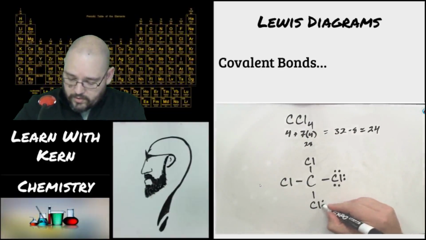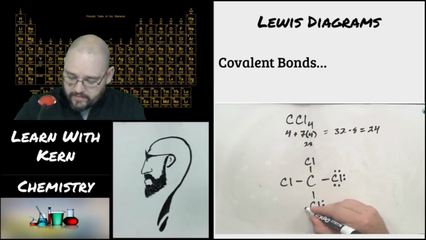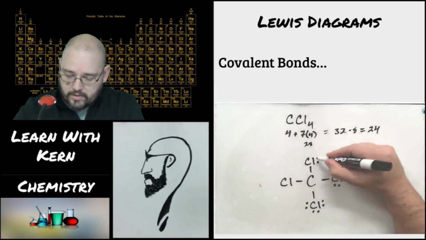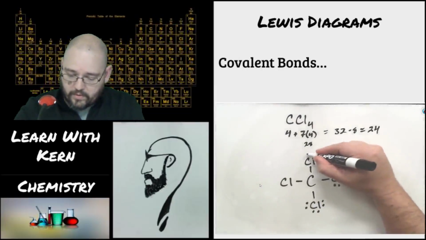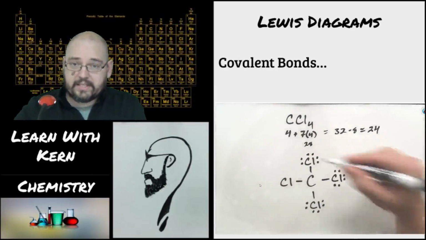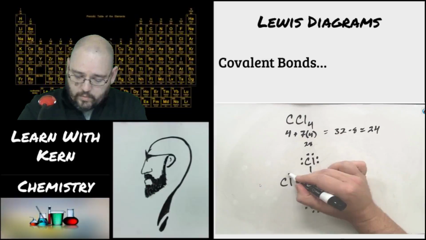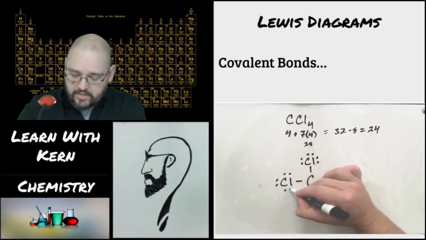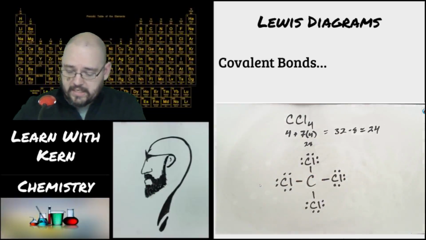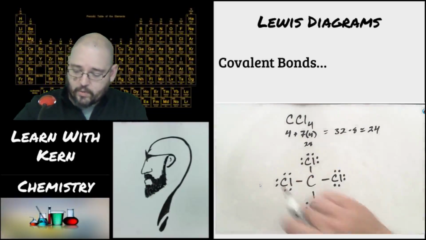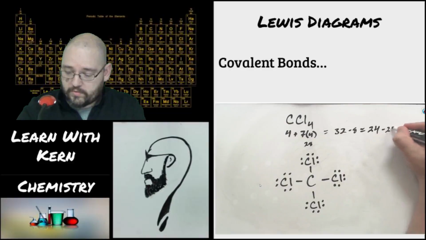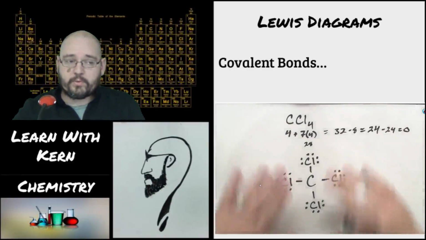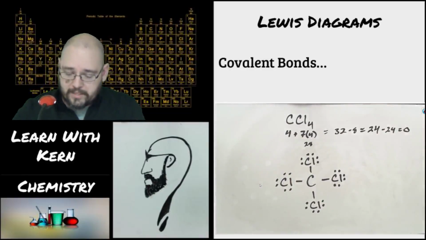Same for each of the other chlorines, 6 electrons each. I just did 6 4 times, so I just used 24 electrons. I have no electrons left to work with, so all of them are placed where they're supposed to be.